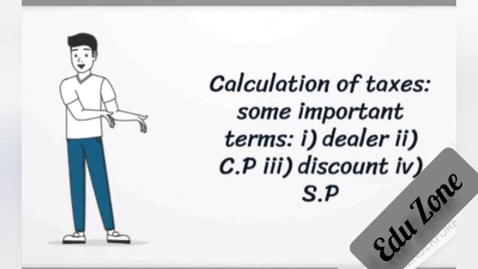So the MRP of the goods is 1000 rupees, as I told you. 10% of 1000 rupees will be rupees 100 simply. So that shall be the GST. But it's not over here.